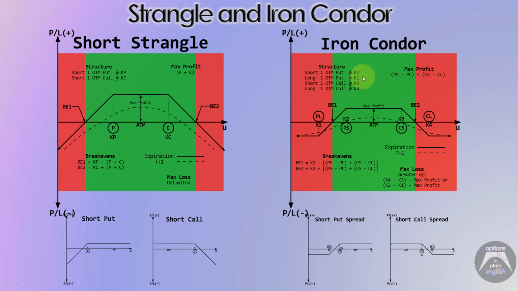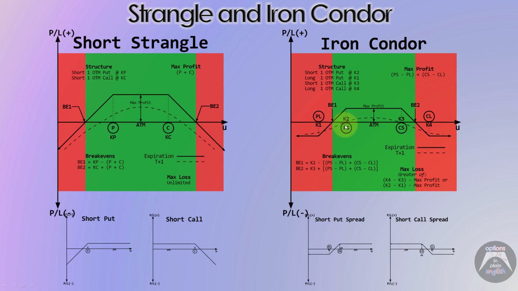Now, an Iron Condor is made up of, like we're seeing here, basically a short put spread on the downside. So short an out of the money put at K2, and long an out of the money put at K1. And then another short spread, in this case a short out of the money call spread, short one out of the money call at K3 and long one out of the money call at K4.